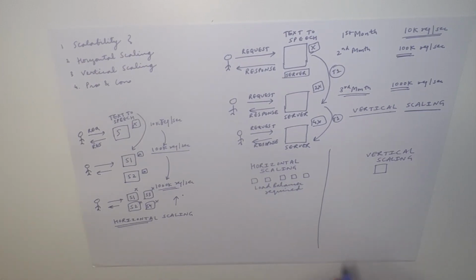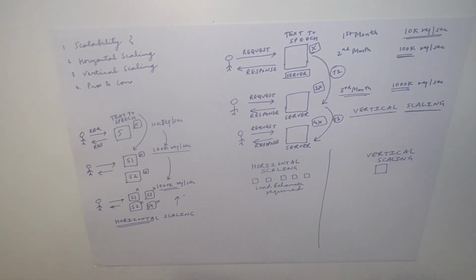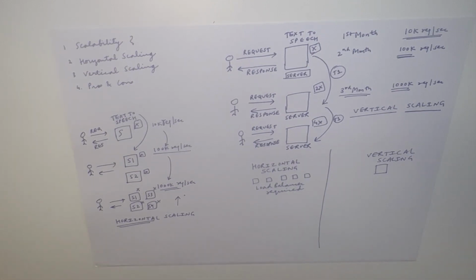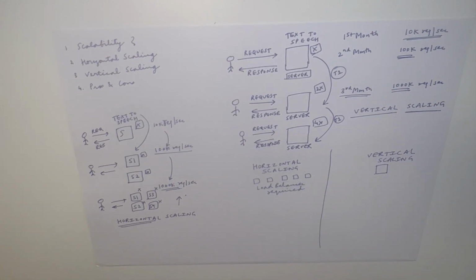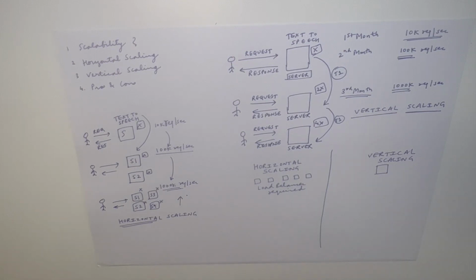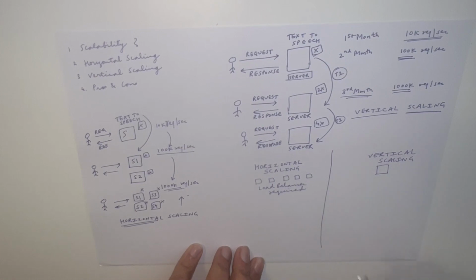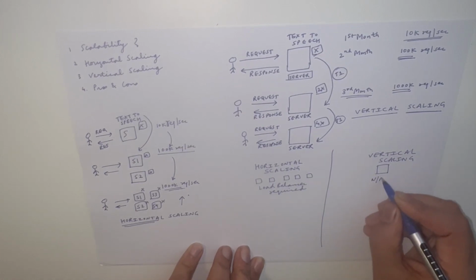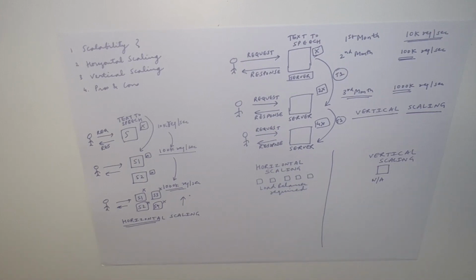Otherwise, you would end up having duplicate requests or the same request getting processed by multiple servers, or there could be one request that is not processed by even a single server. So you need some sort of a load balancer to ensure that one request gets served by one server and gets redirected to one server only. In terms of vertical scaling, because you're always working with a single instance, this doesn't apply. So you don't need a load balancer because you're just working with a single instance.